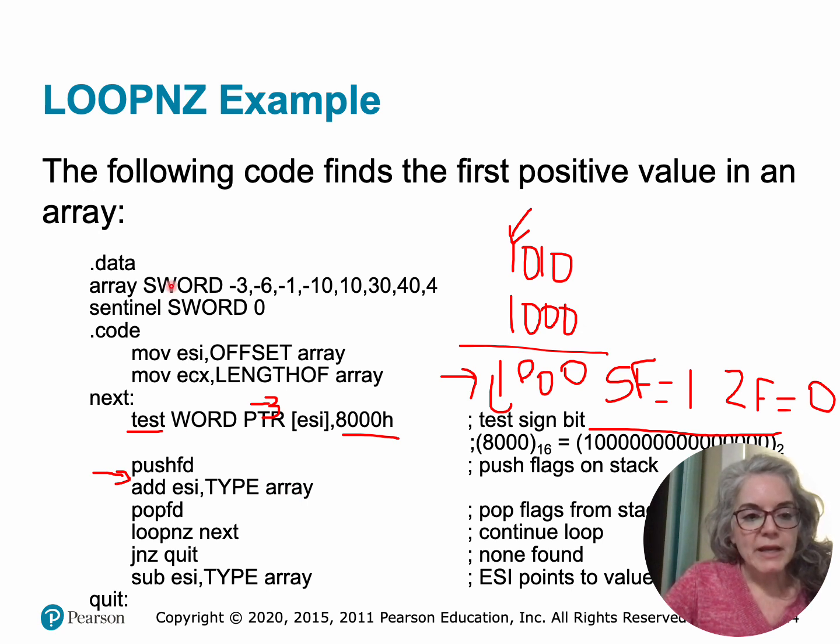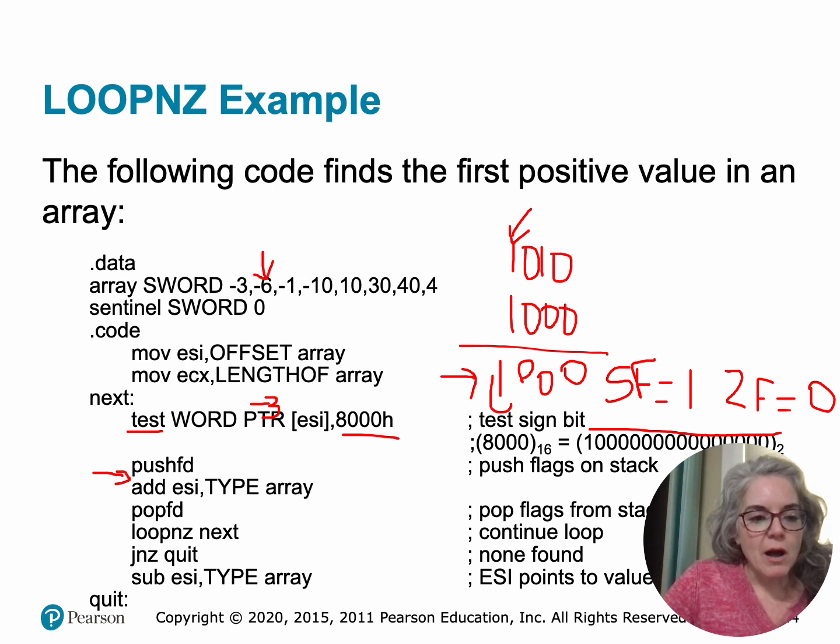So our array's word size, and remember that word size is 2 bytes. So we're going to add 2 to ESI and get us to the next element. So now we're pointing at -6. We're going to be pointing here.